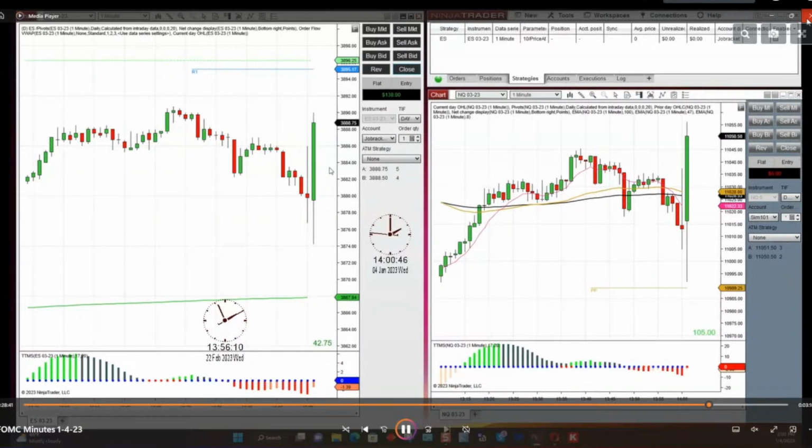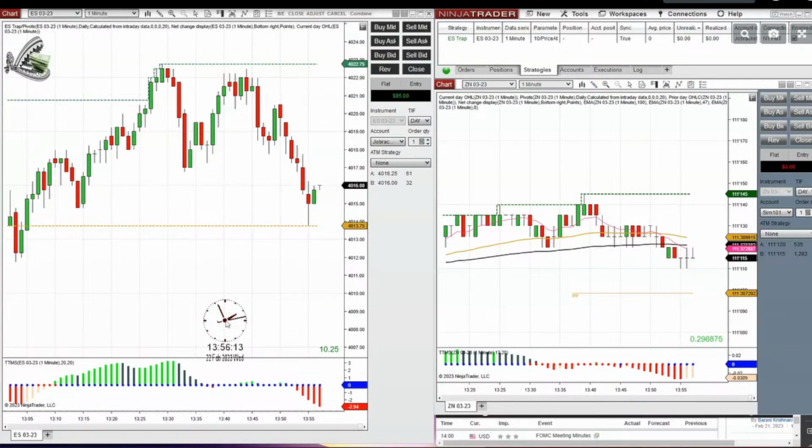So I'll make sure. I don't think I'll get filled early because we're going to put the orders on the chart 1 second before the news. So we should not have an issue of getting filled early today.